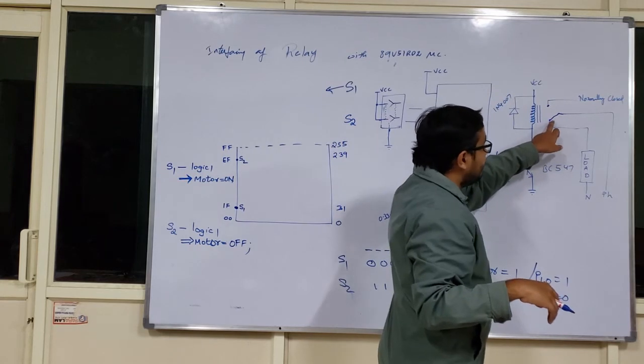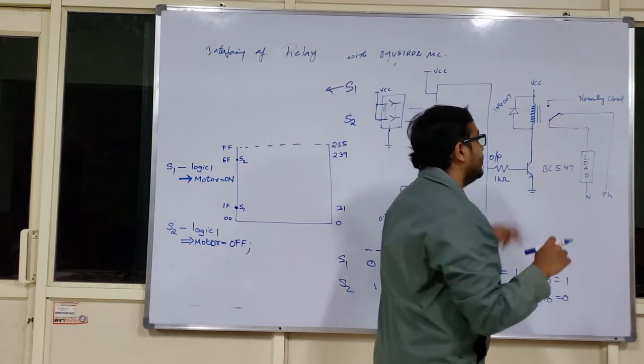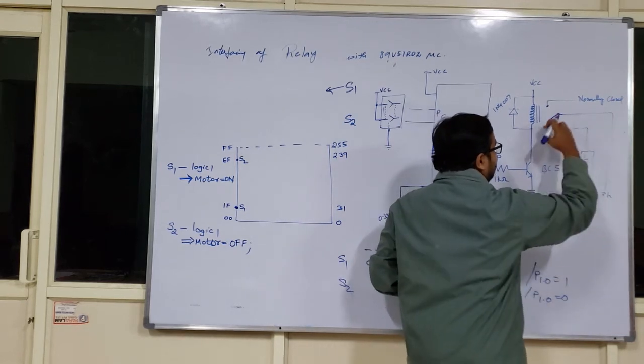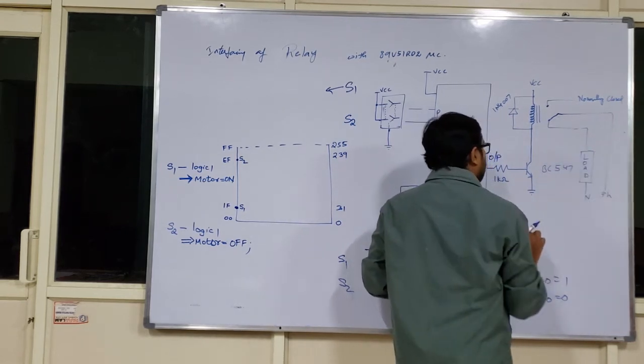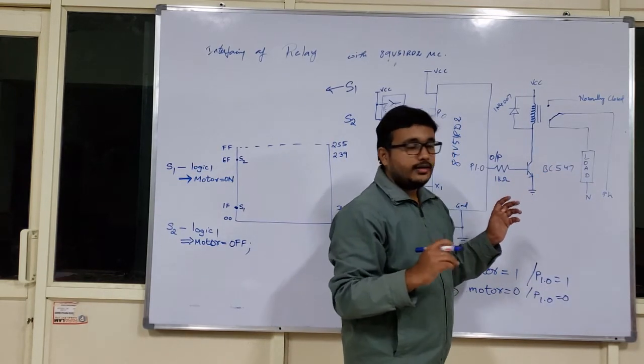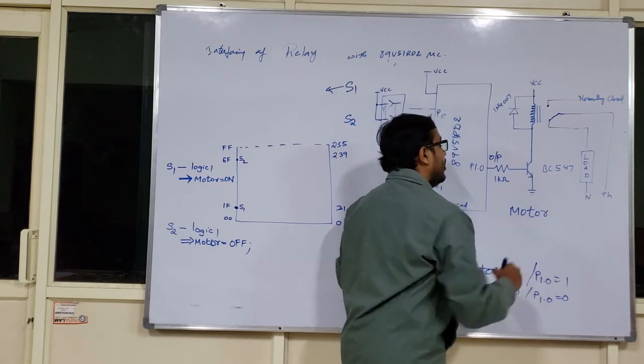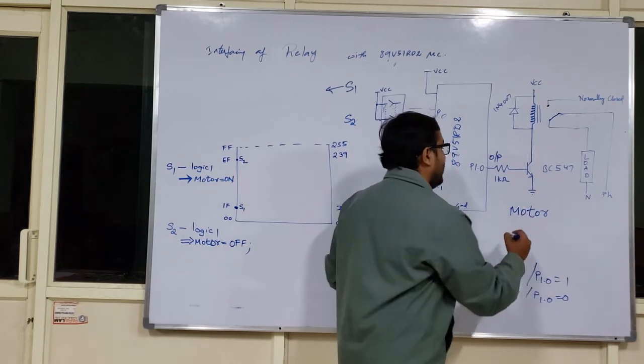Once the switch is connected to this side, the phase is connected with neutral through the load. In place of the load, I can take either a motor or a bulb.